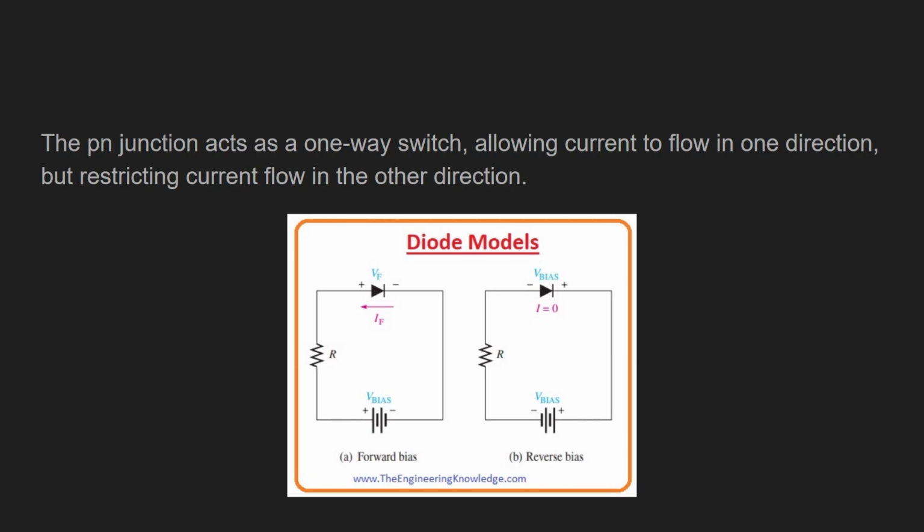Doesn't it flow from negative to positive? No, this positive and negative is just the voltage difference. When the circuit is connected this way, this part has a higher potential than this one, so the current will flow this way. Electrons flow from negative to positive.